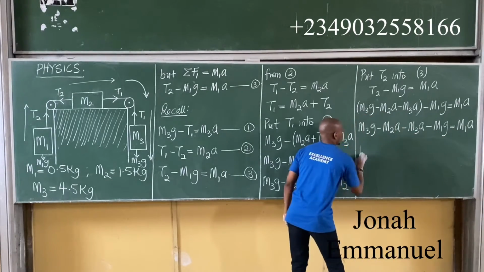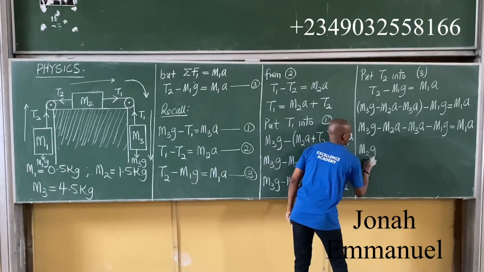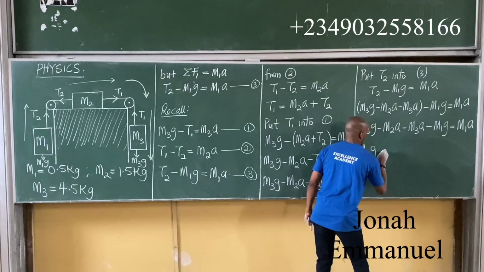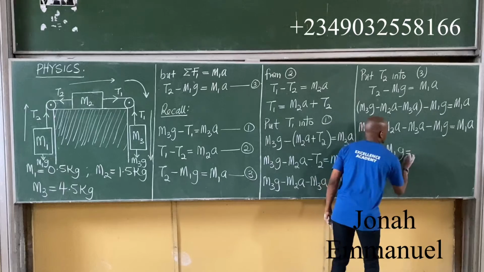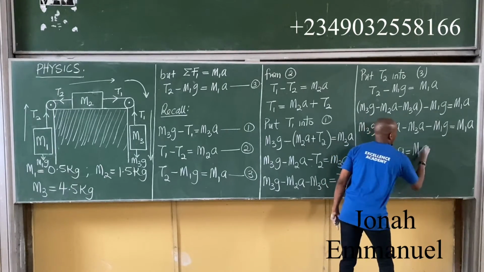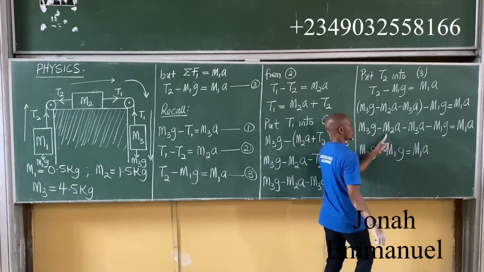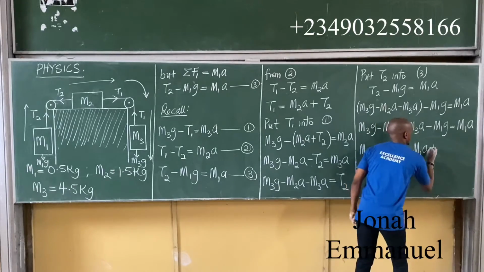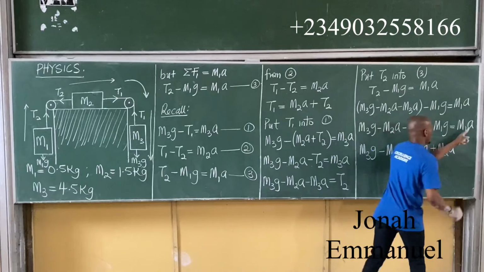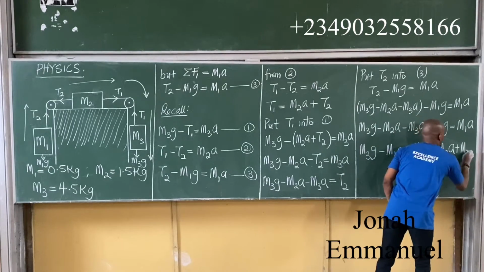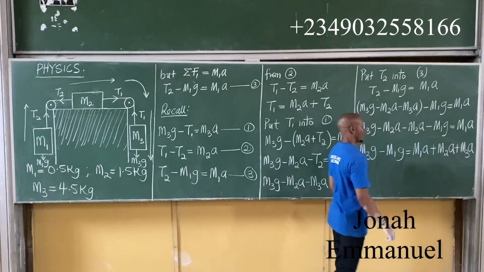So I'm having M3G, this one here, minus M1G is equal to M1A. This one comes over here, becomes plus M2A. This one comes over, it becomes plus M3A. So I have this.